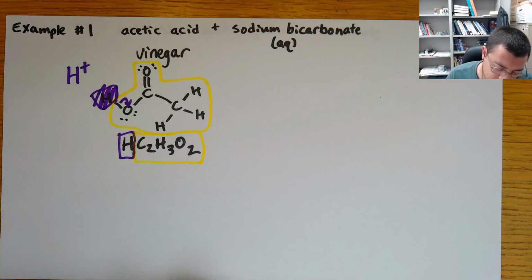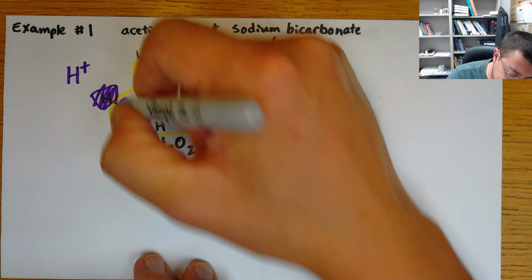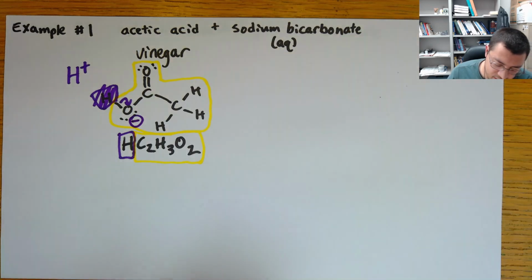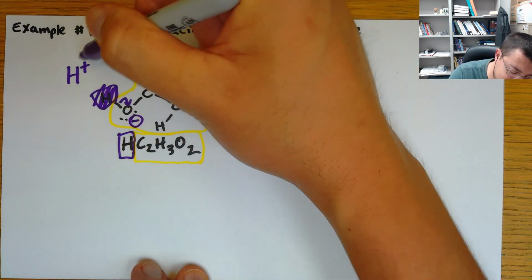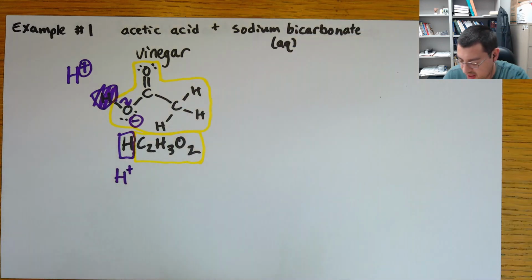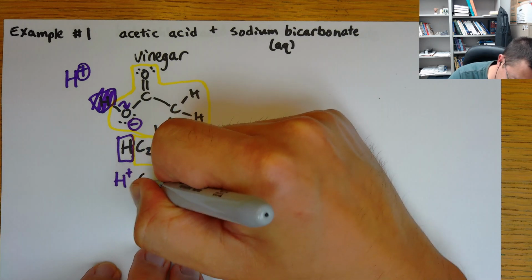But it's an H plus, and because electrons are transferred here, we end up with a minus here on the acetate part. So that's kind of what's going on behind the scenes in an acetic acid molecule.